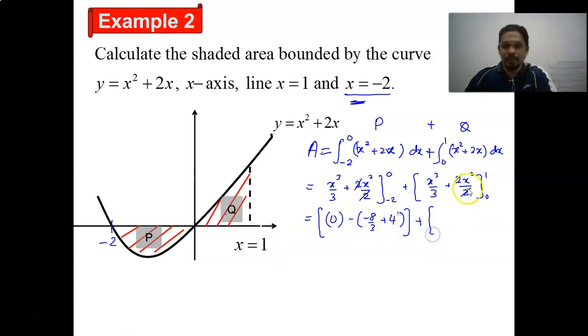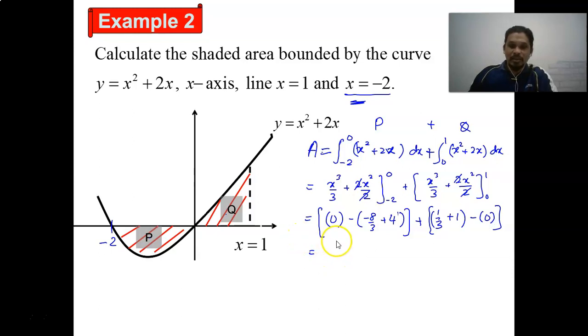Now 1 cubed equal to 1/3, plus 1 squared equal to 1, minus 0 cubed divided by 3 equal to 0. 0 squared is also 0.